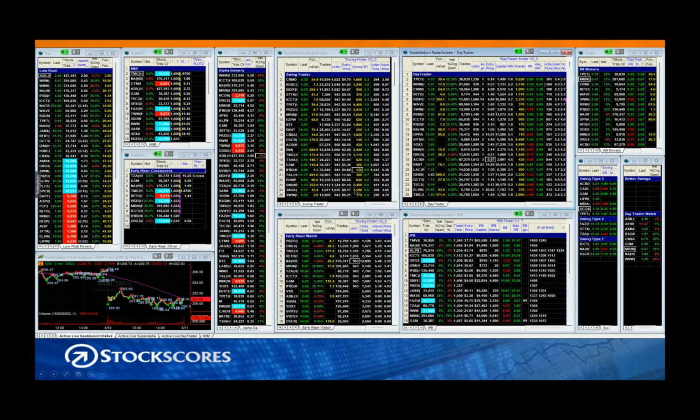If we look at the active live screen, the IPB window is right down here. And you can see that there's times in here. Maybe not clear, but these are the times of the signals. So this stock, ICCT, triggered signals at 11:13, 1:06, and 2:34.